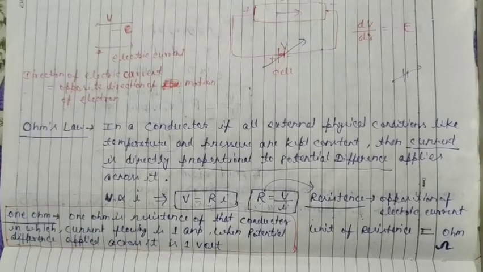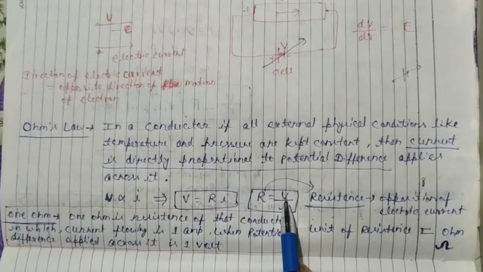And which conductor has 1 ohm resistance? Or define 1 ohm resistance. If there is a conductor across which we apply 1 volt, then current flowing in this is 1 ampere, neither less nor more. Then we will say the resistance of this conductor is 1 ohm.